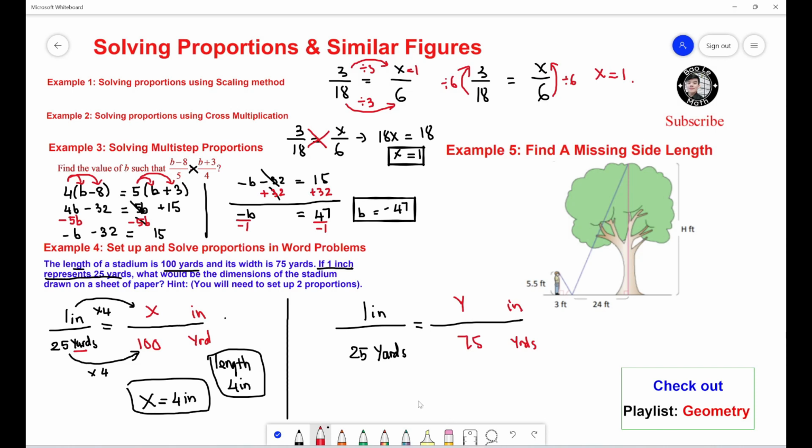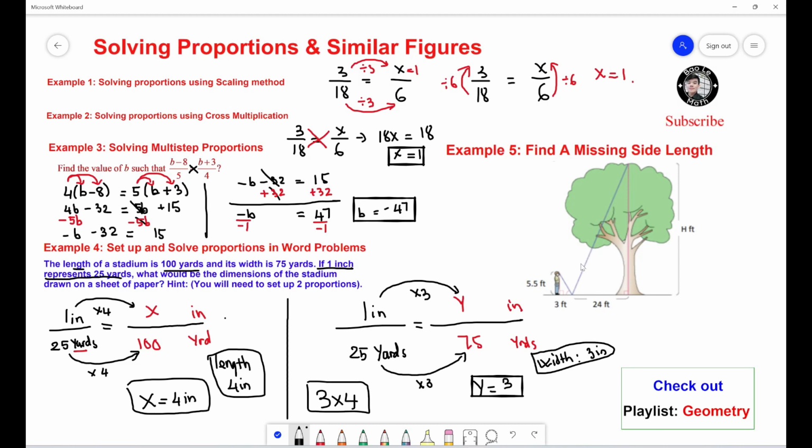This is the width. You just use the scaling method. In order to get 75 from 25, you multiply by 3. Now you do the same thing on the top. Multiply by 3. So y should equal 3, which is the width. It should be 3 inches.